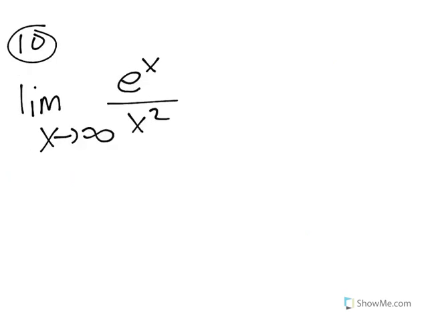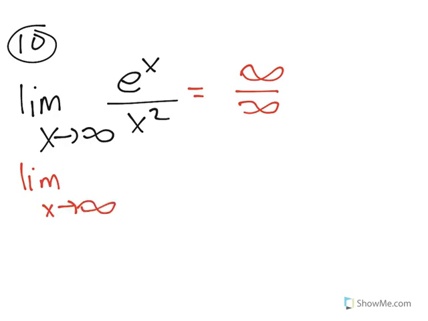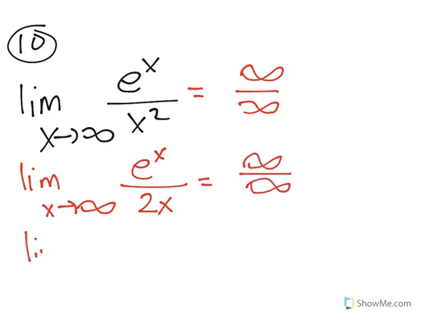And then my last problem, which is a very common one for them to put on the AP. If I fill in infinity, I get infinity over infinity. So I'll L'Hopital it. The derivative of e to the x is e to the x. The derivative of x squared is 2x. Fill in infinity, I get infinity over infinity again.